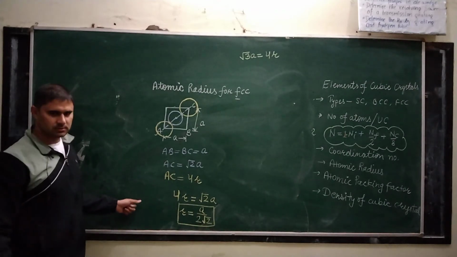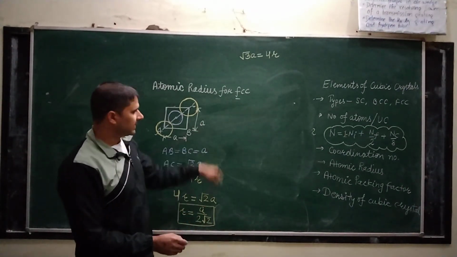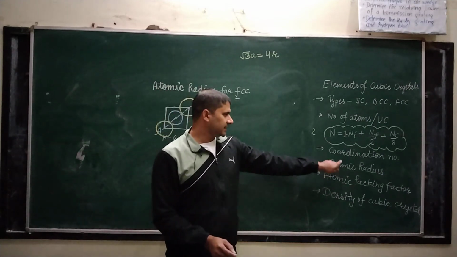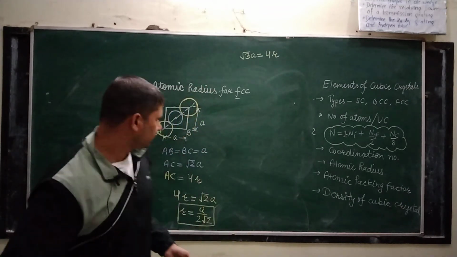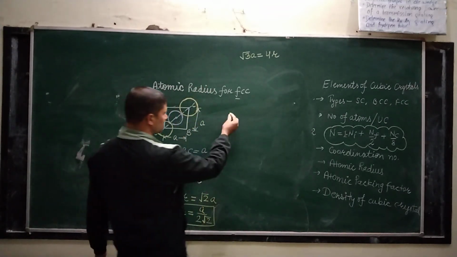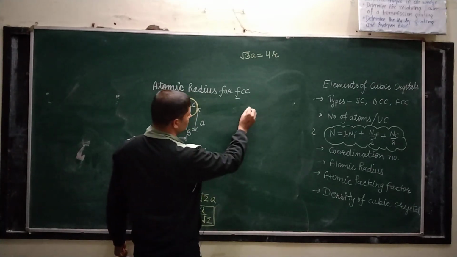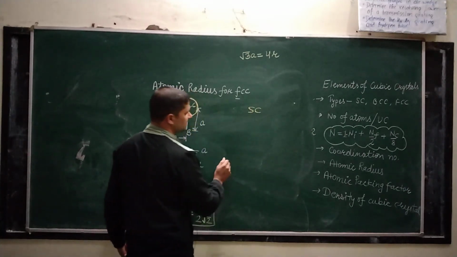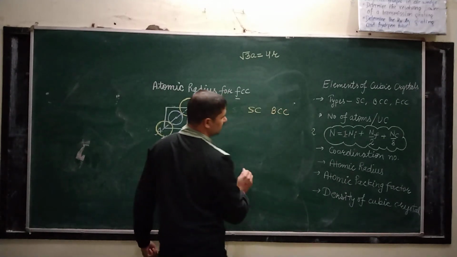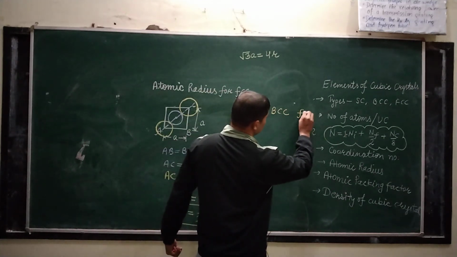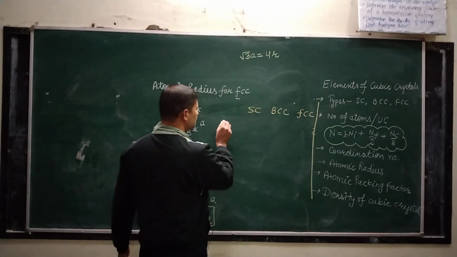Okay class, let me summarize the radius and the coordination numbers associated with different crystal structures. I am writing here simple cubic, then body centered cubic, then FCC.